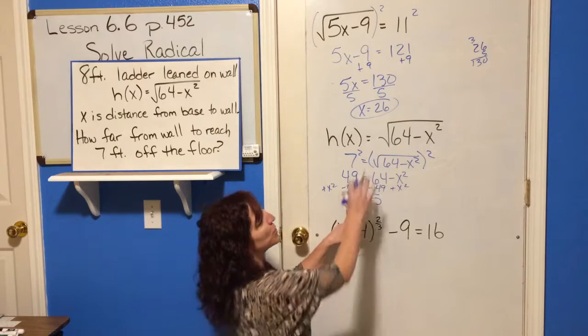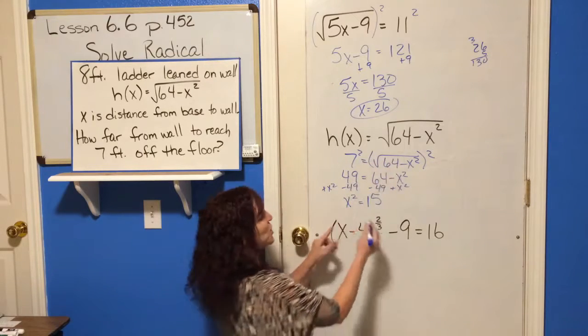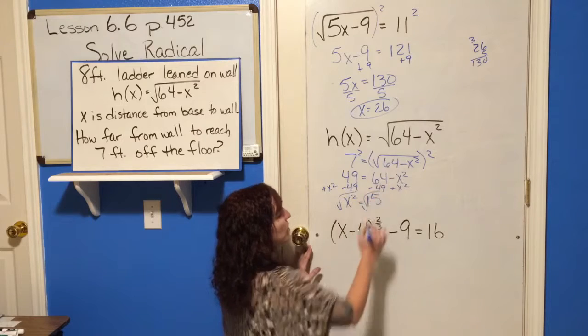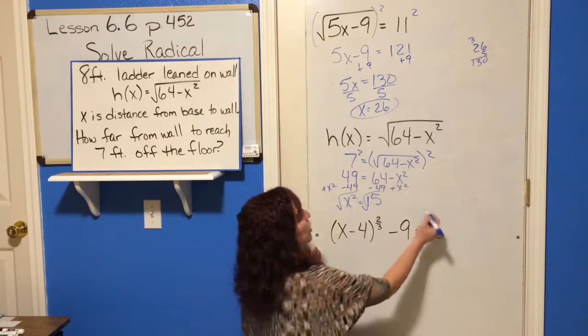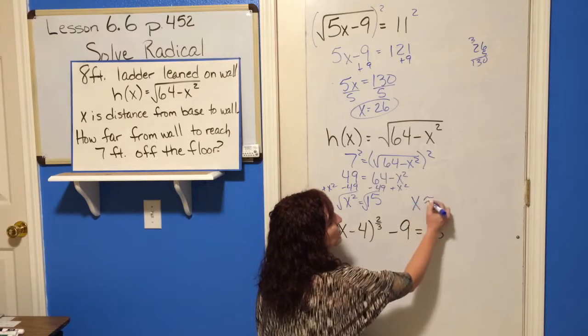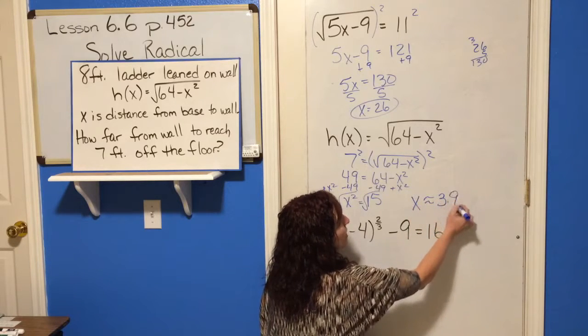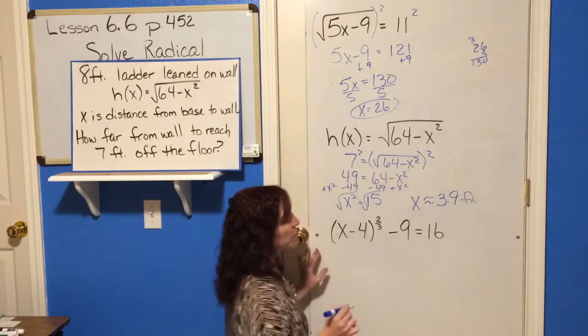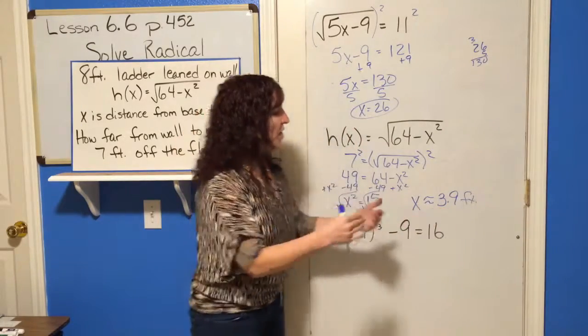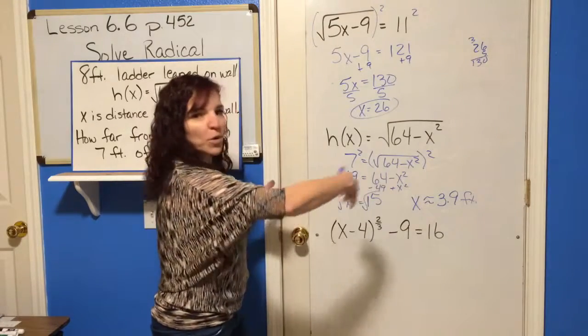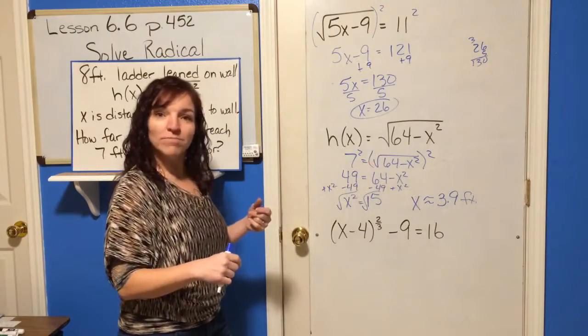So we're doing both: we're squaring and we're having to take the square root. So the square root of 15, if you plug that into your handy dandy little calculator, you're going to find that x is roughly 3.9 feet. So in order for that ladder to reach 7 feet off the floor, the base has to be almost 4 feet away from the wall.